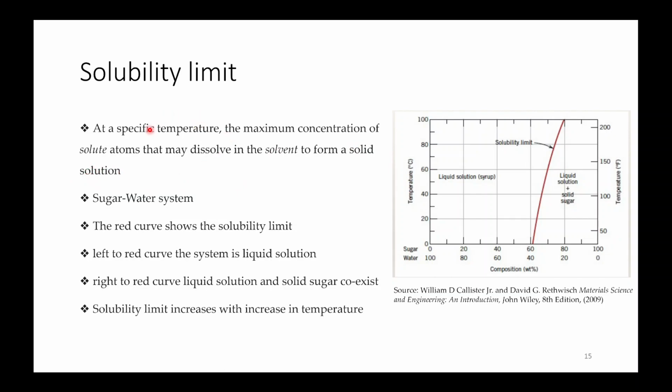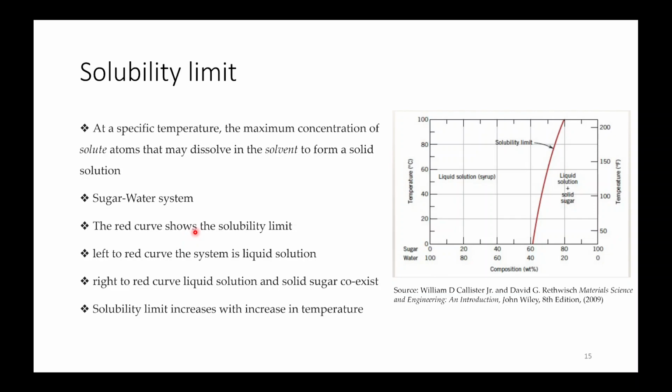So here, rather than a solid solution, we are considering the sugar water system. When you add some amount of sugar, it will dissolve up to a particular limit. Then it will hit its solubility limit. After that, you can only add extra sugar and keep it in solution by increasing the temperature.